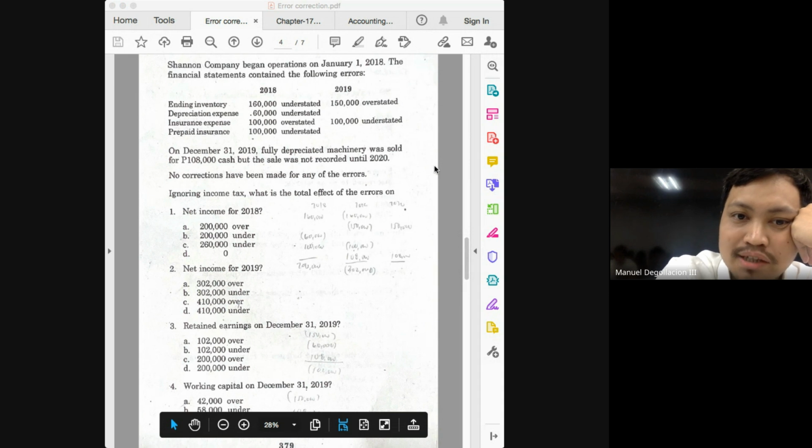Okay. Insurance expense is overstated. So that means total expense is overstated. Because of this, that means net income would be understated. Prepaid insurance is understated.